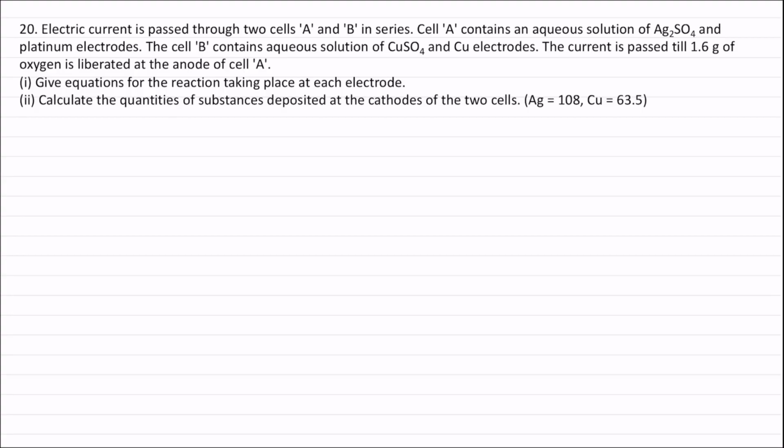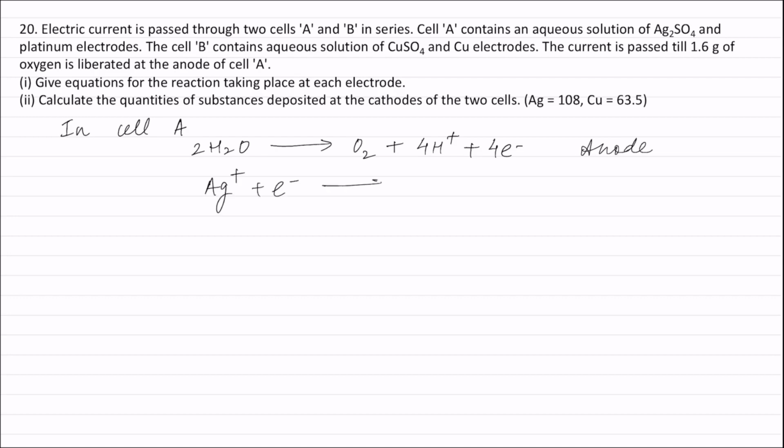First, give equations for the reaction taking place at each electrode. Now, in cell A, the reaction is 2H2O → O2 + 4H⁺ + 4e⁻. This is the reaction at the anode. Then Ag⁺ ions accept an electron to form silver, and this is the reaction at the cathode.